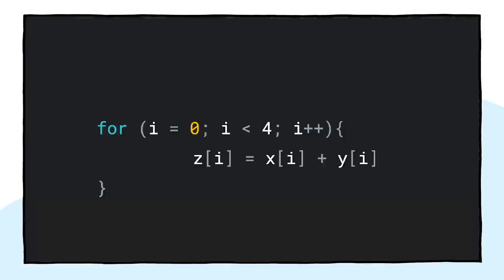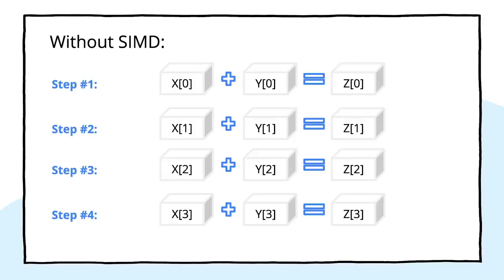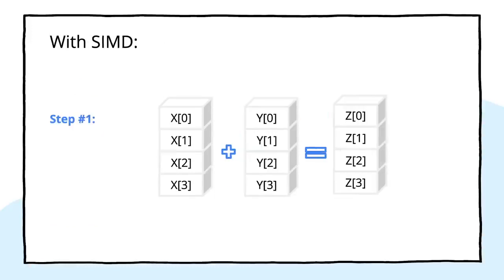To explain SIMD, let's look at this incredibly simple loop that just adds two arrays together. Without SIMD, the CPU would go through this loop and add their different elements together one by one, requiring 4 full steps. But with SIMD, the CPU is able to vectorize these elements and then take just a single CPU operation to add them.